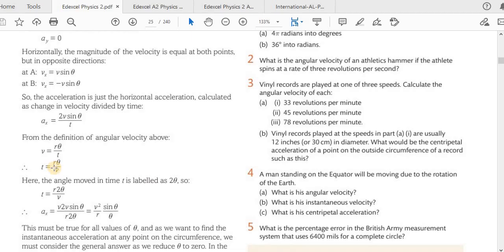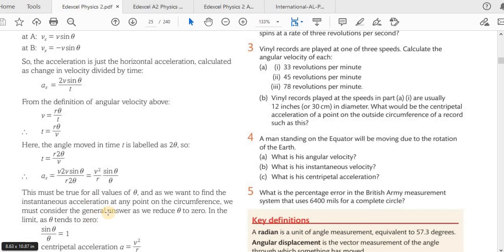Now we have this. Now remember, this time is twice the time, twice the angle, so it will be 2 theta. Then the acceleration, you substitute here for t. This is what you have for t. Then we get this equation, simplify, then we get this one.